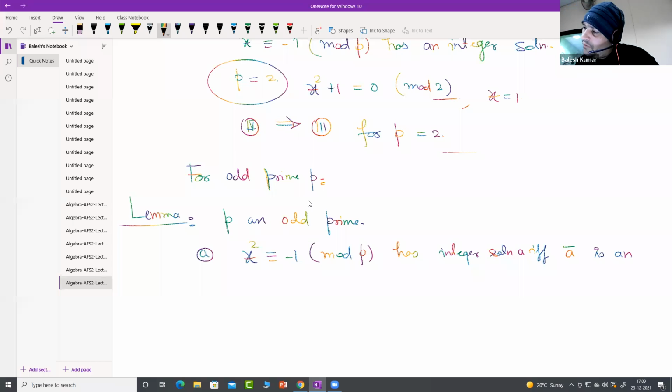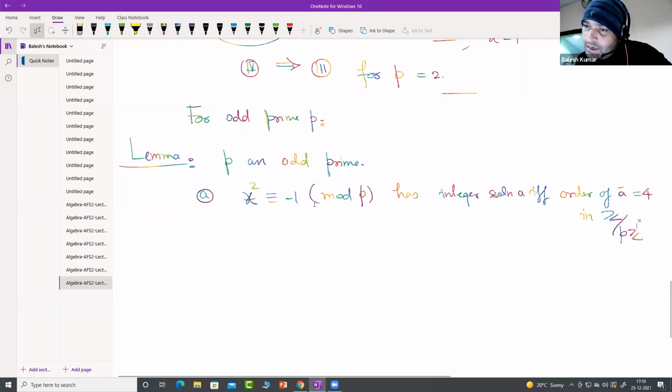So the order of a is 4 inside the field Z mod pZ, or F_p. So this congruence has an integer solution, then the order of that particular element will be 4 in Z mod pZ, if and only if.